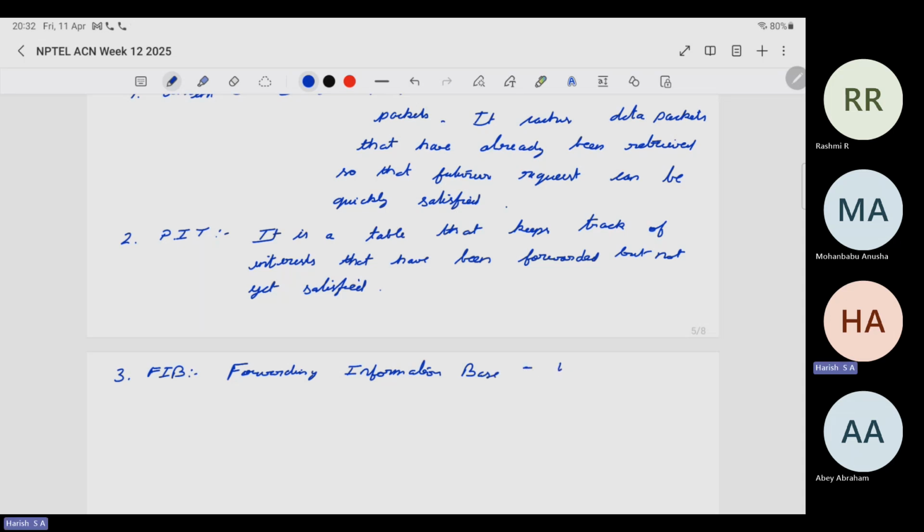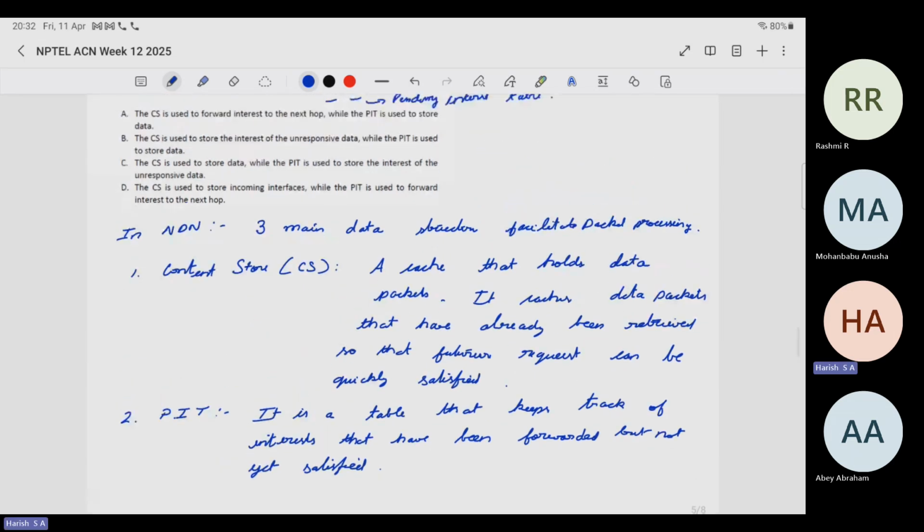This is used for routing interests to the appropriate next hop. So these are the three data structures that I used.